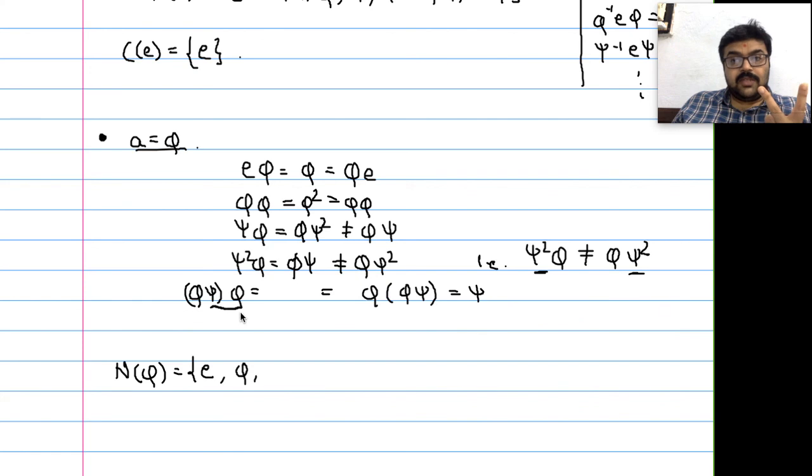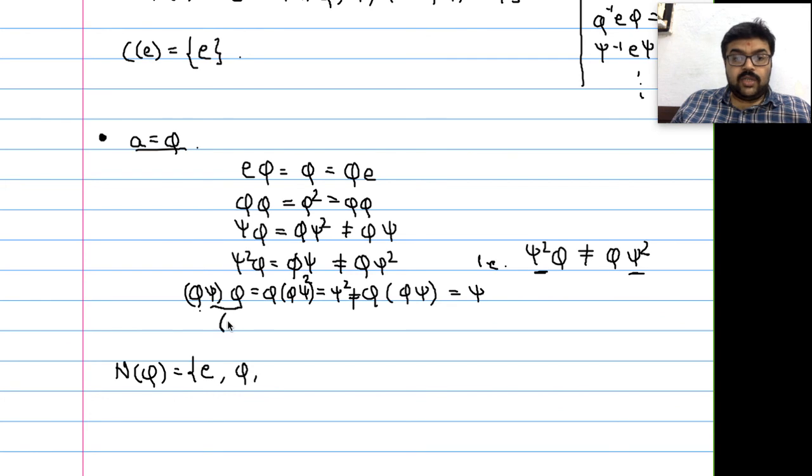Psi phi is the same as phi psi. Phi phi psi matches. So let me write this. This is the same as phi and phi psi, and this is going to be phi psi square. So this is going to be psi square, which is not equal to psi. So again, that is not going to commute.